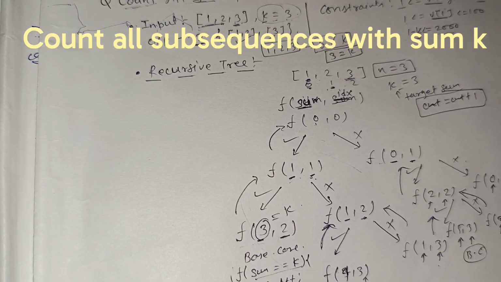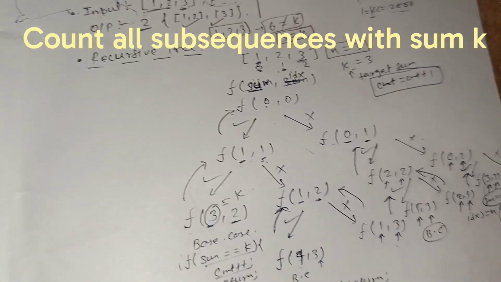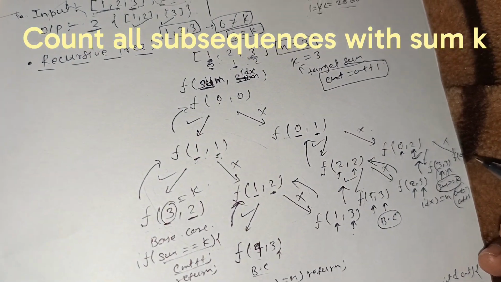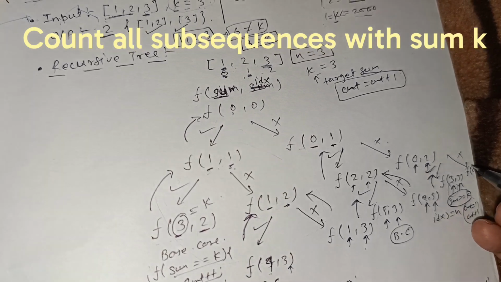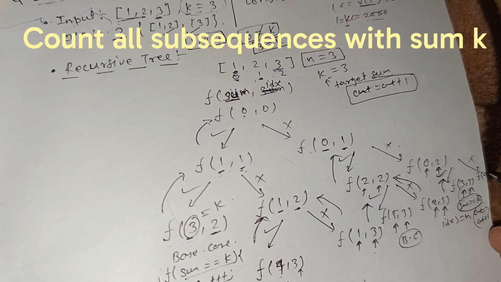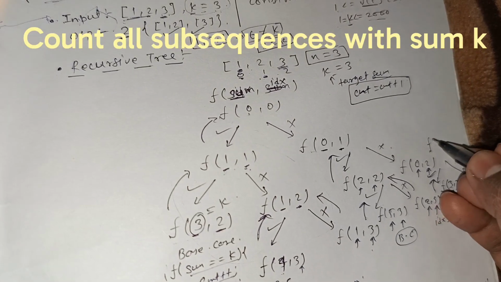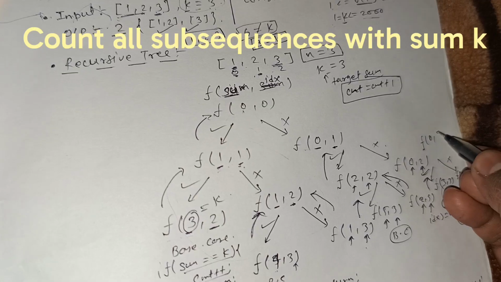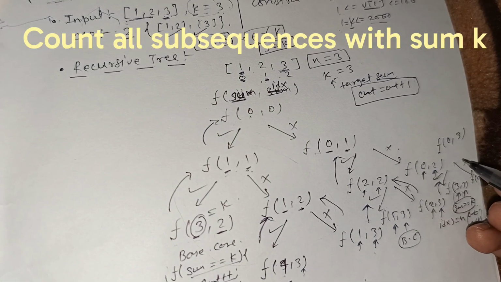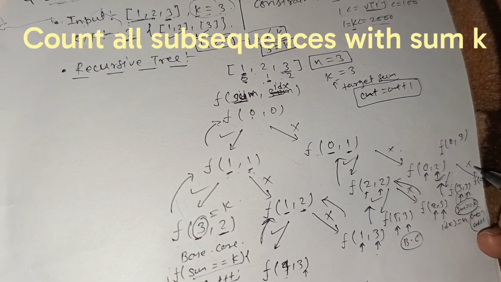The right side function will be called. Here the sum is 0, and the index gets incremented as it is the not take side.